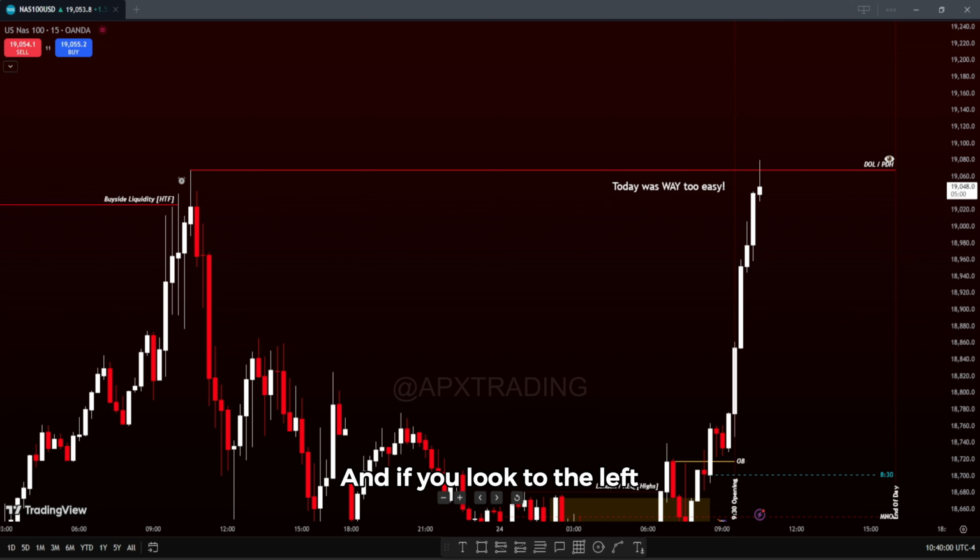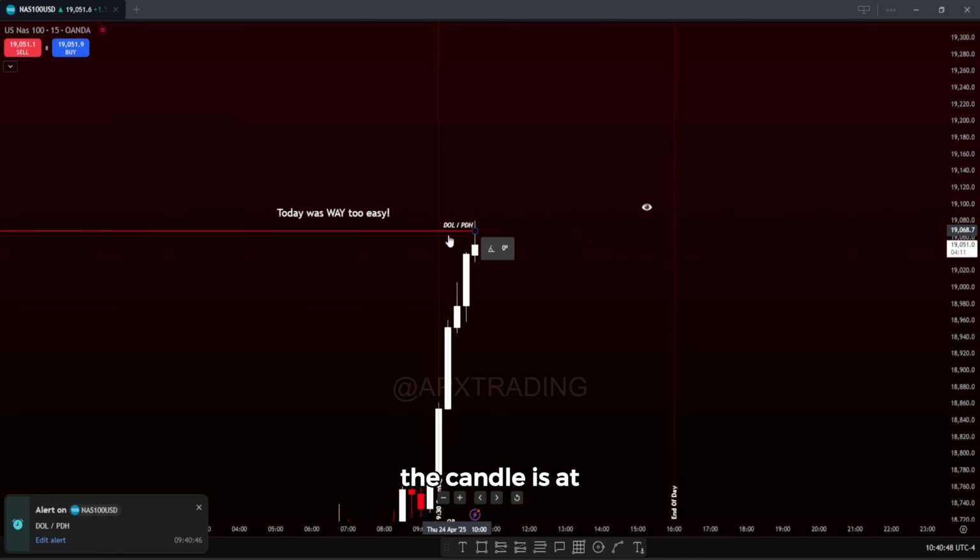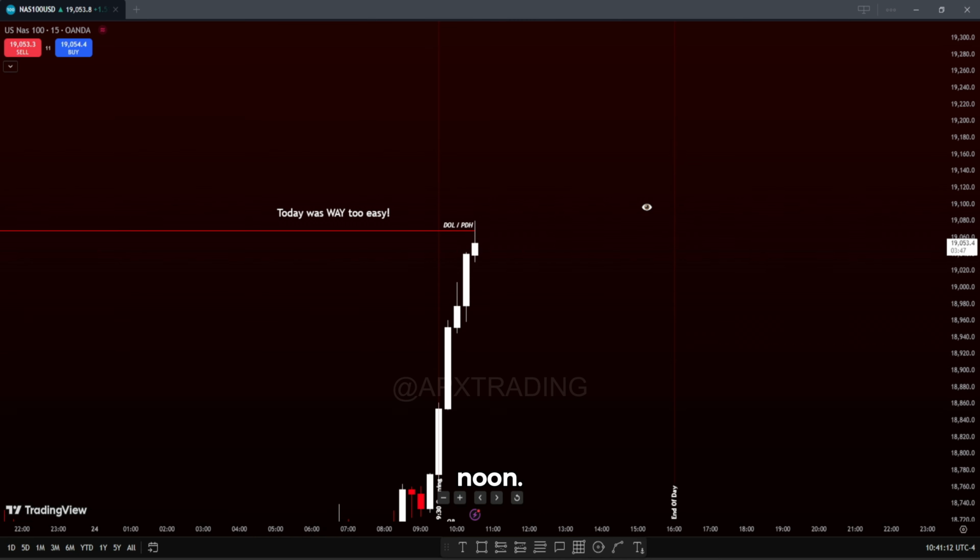And if you look to the left of that low, the high that forms inside of that fair value gap, the candle is at 12:07 or 7 minutes after 12 noon. The high of that candle is 4080.50. The low that you're anchored to on the 12:16 candle is 4072.25.